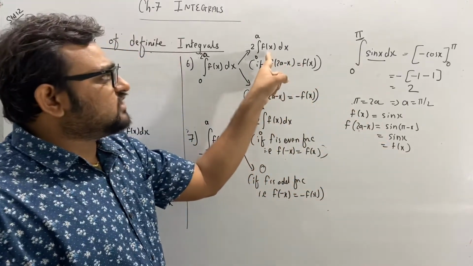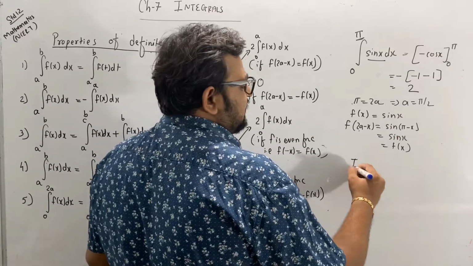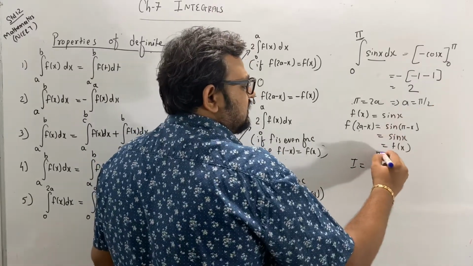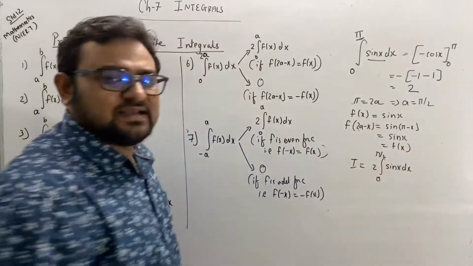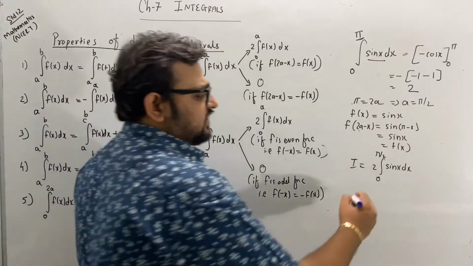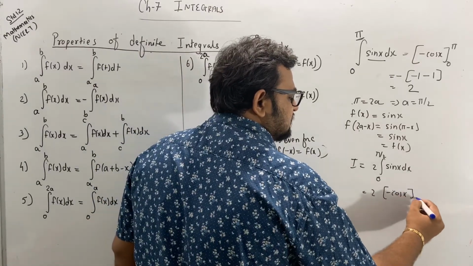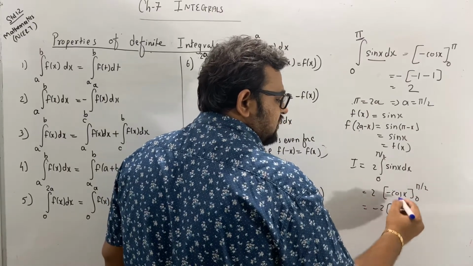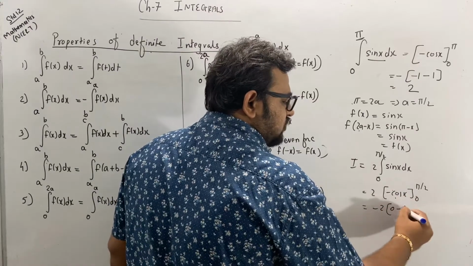So if we use this property, we will directly use this property. This will be equal to 2 times integral 0 to a. What is a? Pi by 2, sin x dx. So see here, 2 times, integration of this is minus cos x. So minus, I am taking outside, cos pi by 2, 0, minus cos 0, 1.